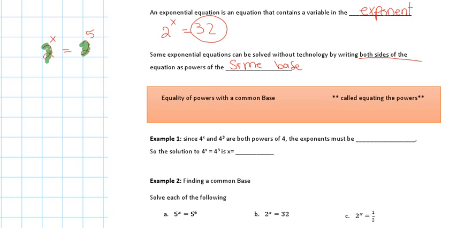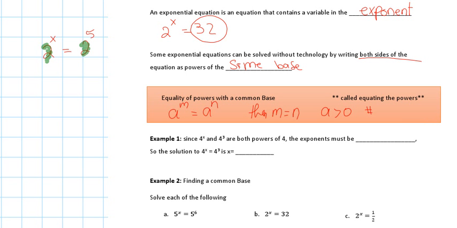So what happened is, if a to the power of m is equal to a to the power of n, if I have the same base, then my exponents are equal to each other, as long as a is a positive value and it's not equal to 1.